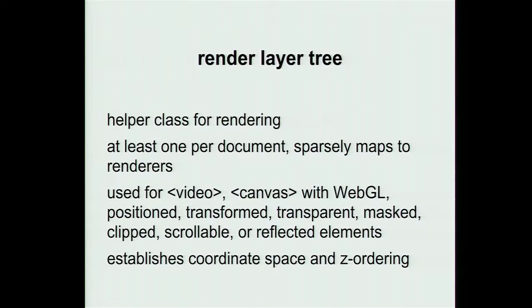Anything that's relatively absolutely positioned or fixed, anything with a transformation, anything that's transparent, masked, clipped, scrollable, reflections, all of these things are taken care of by the render layer tree, because effectively it allows us to make render objects pretty dumb. They don't have to know about a reflection, because if they have a reflection, they'll have this render layer associated with them, which will effectively set up the graphics context before handing it off to that render object already set up to do reflection.